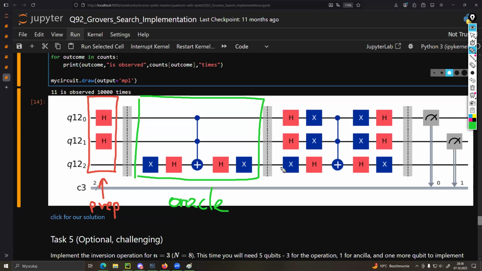Then we have an inversion, and I think I missed the X operation here. I do think that I did miss this. So here is our inversion, or rather the Grover operator, GOP, oh my God, I mess up so much, operator.